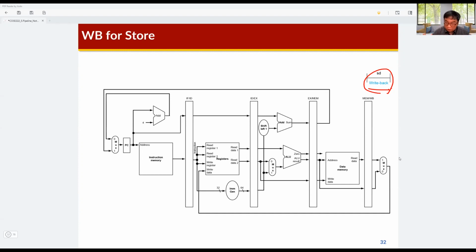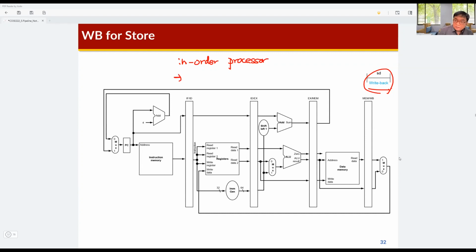That can be possible. But in this class, we are learning a very simple pipeline design, and we are learning about the in-order processor. It's called the in-order processor.